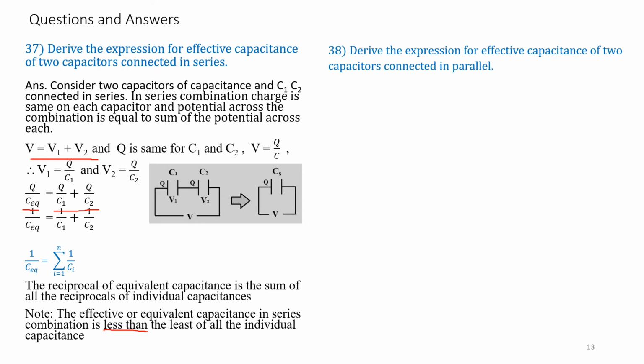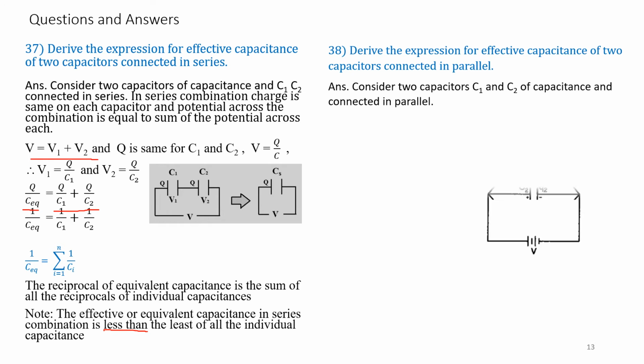Question number 38. Derive the expression for effective capacitance of two capacitors connected in parallel. Consider two capacitors C1 and C2 connected in parallel. You see here, this is capacitor C1 and this is capacitor C2.